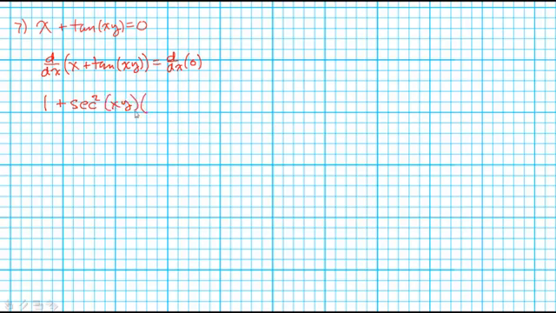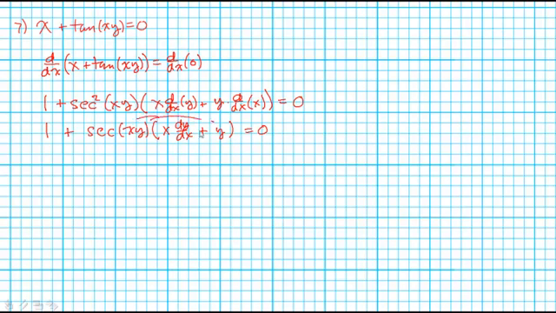Now let's multiply that by the derivative of the inside, which is first times the derivative of the second plus the second times the derivative of the first. And again, this is all equal to 0. So 1 plus secant squared xy times the derivative of y is dy/dx, and the derivative of x is 1.